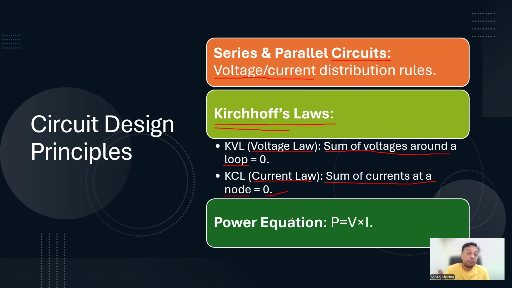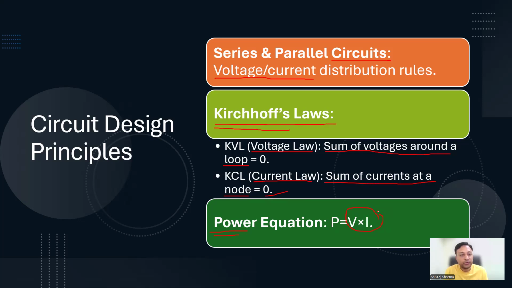Fine. And one more component that we already saw in the last slides, that is power. What is power? Power is nothing, just the product of voltage and current. Got it? So likewise, there are certain laws and certain working principles also.